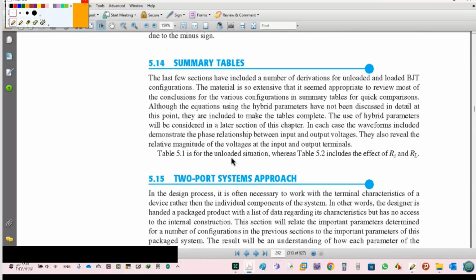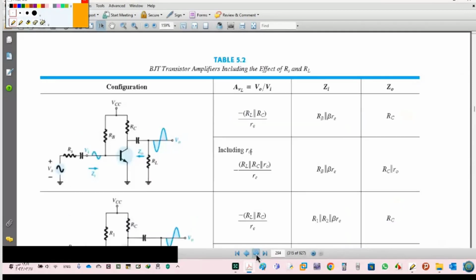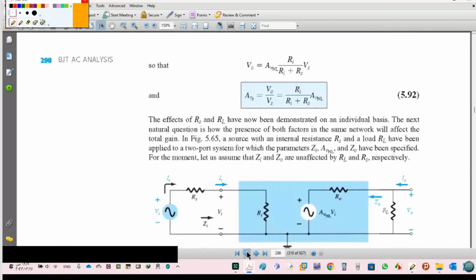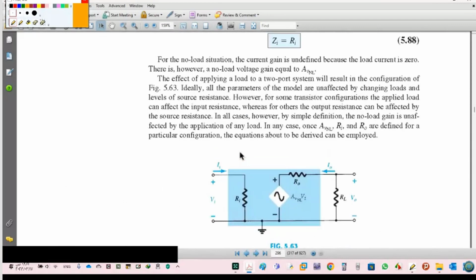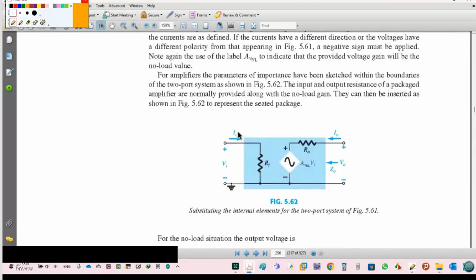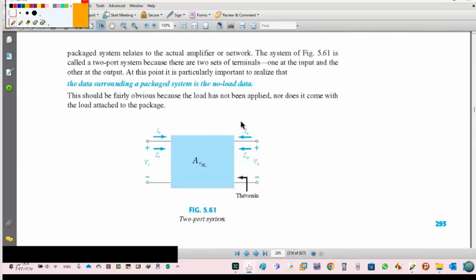Next week, we'll start another model called the hybrid model. This is the hybrid model, and how we can move from the re model to the hybrid model.